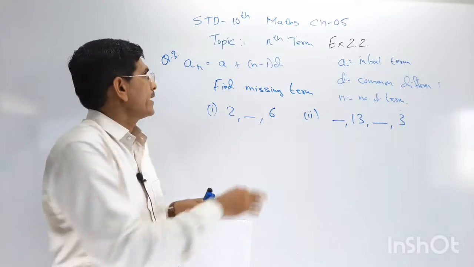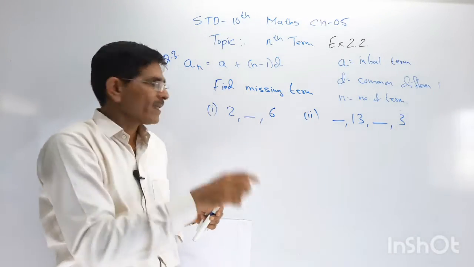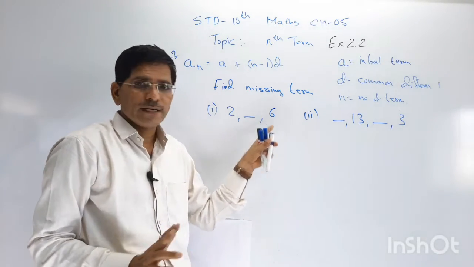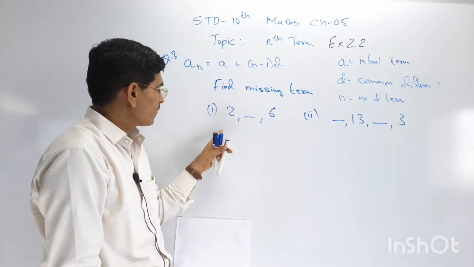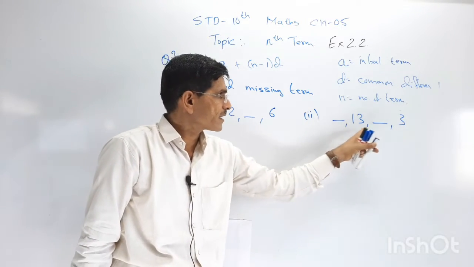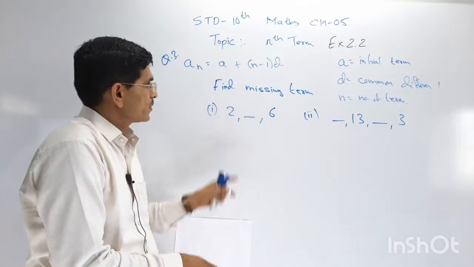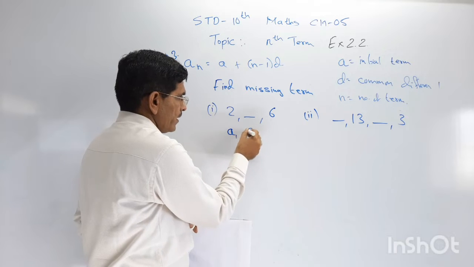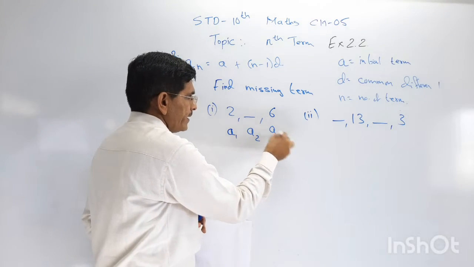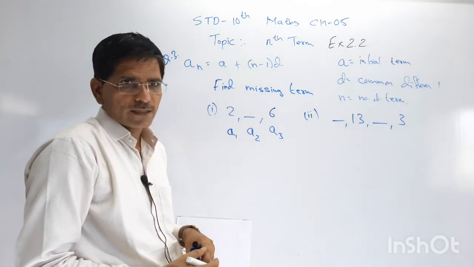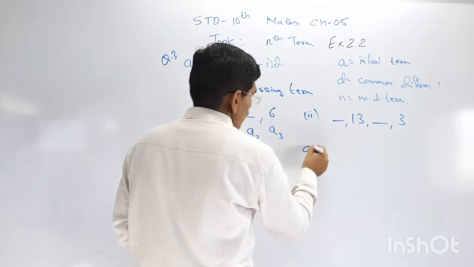But I have to use this identity. That is the first term, here the second term, here the third term. So I can write A1, A2 and A3. The difference is what?